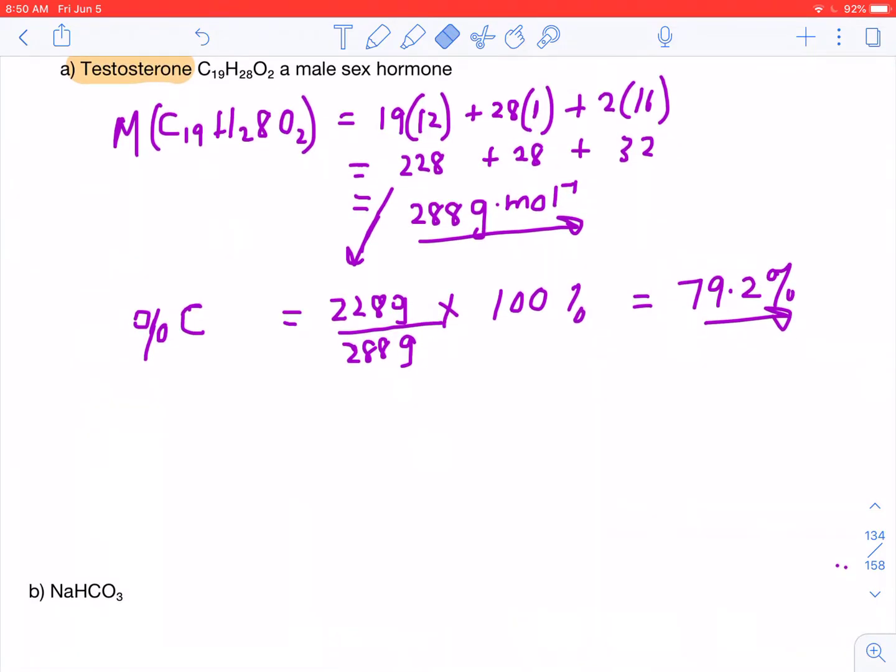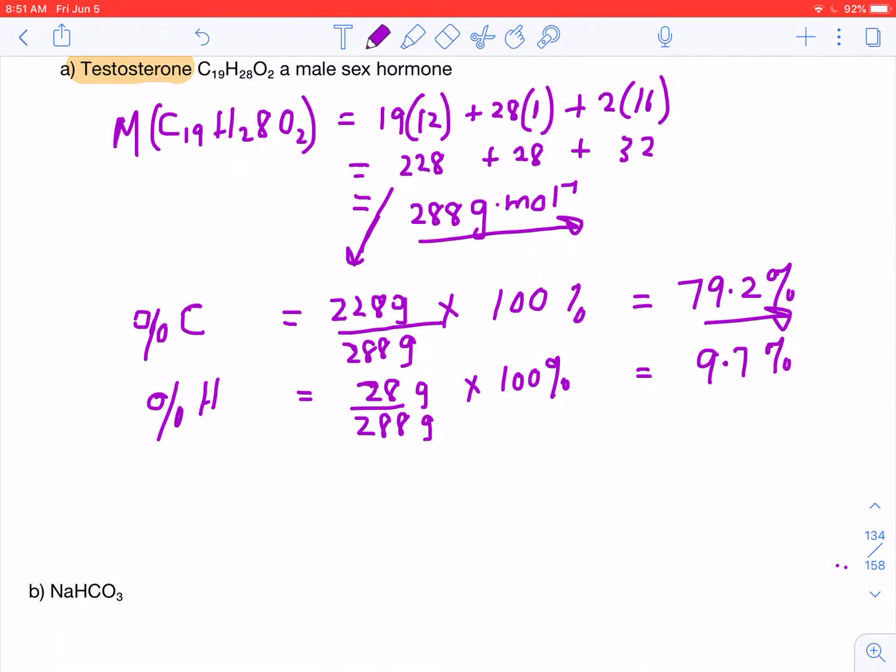Right. Then we say, okay, what percentage of hydrogen do we have here? Percentage hydrogen is equal to 28 divided by 288 times 100%, which gives us 9.7%.